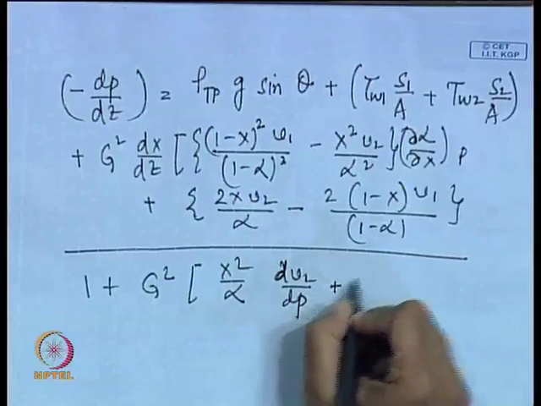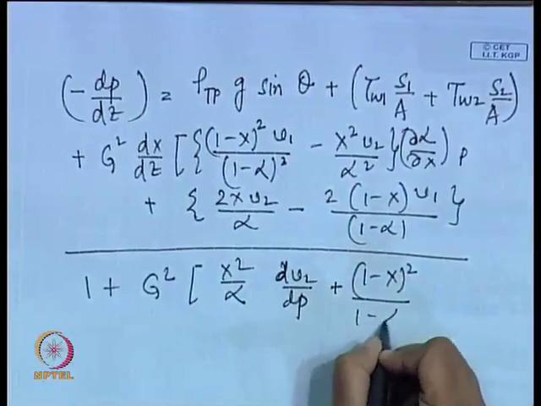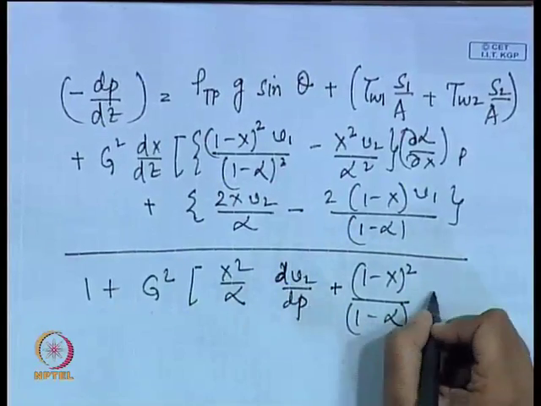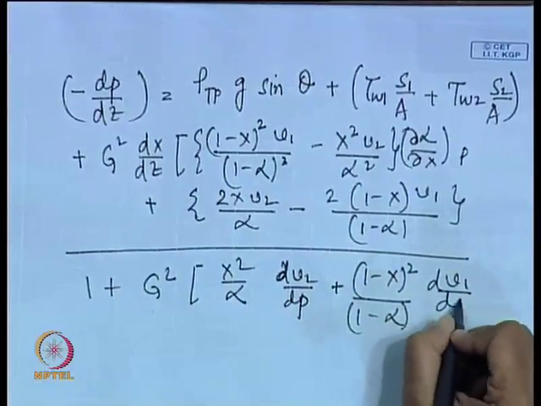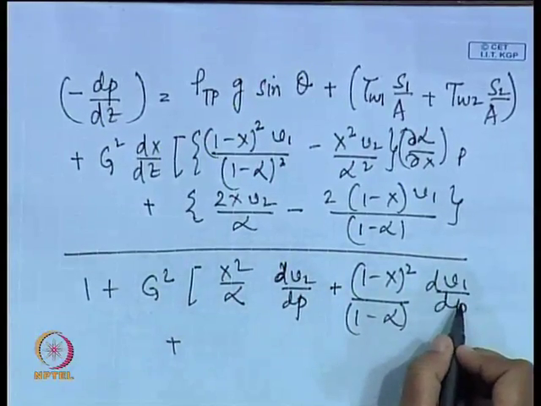And if you remember, in the homogeneous flow model as well, we had the dV2 dP and dV1 dP terms there. These two terms we already had in the homogeneous flow model, isn't it?